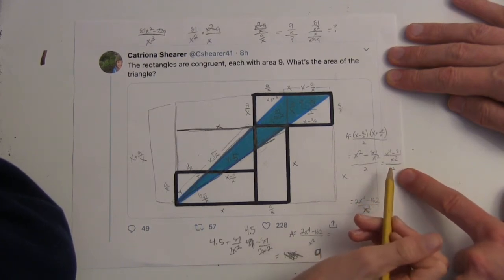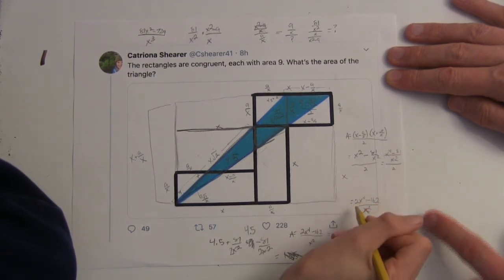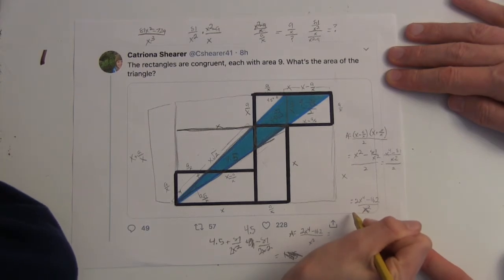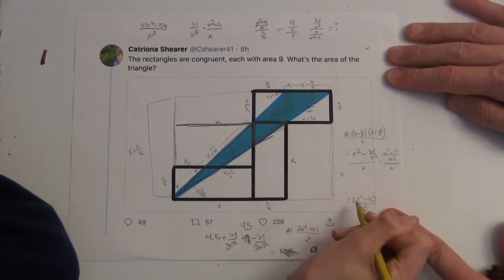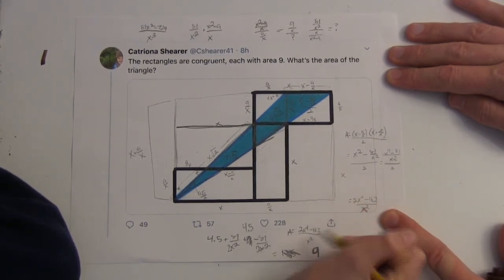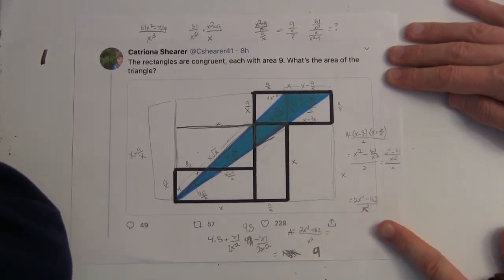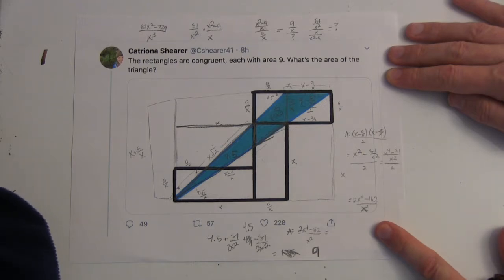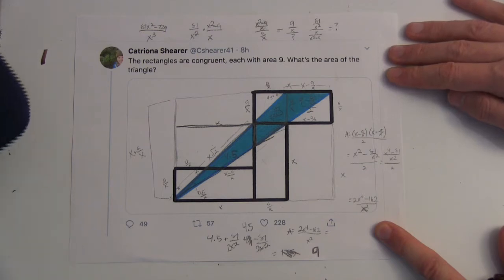That 2's on the bottom. So it just becomes x to the 4th minus 81 over 2x squared, which still doesn't really simplify at all. You can't do a lot to it.